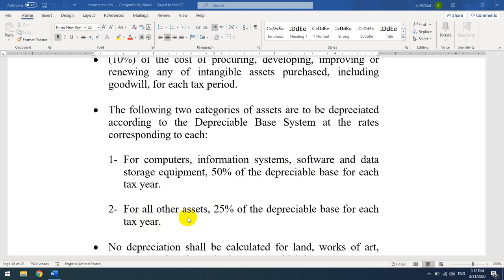Other assets is mainly directed to the machinery and equipment. This category includes the machinery and equipment.